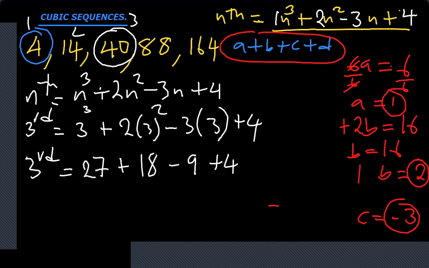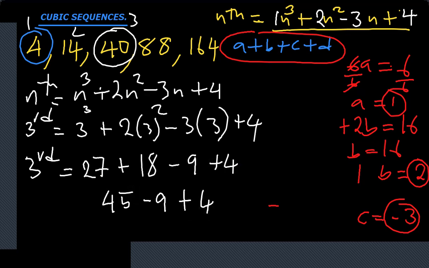Now quickly, let's do the math. 27 plus 18 is supposed to give us 45. Now 45, let's minus 9. What does that give us? And whatever you get, we add 4.